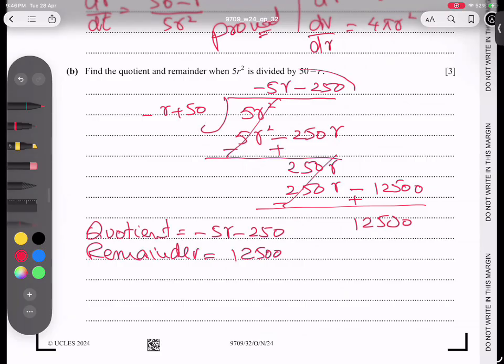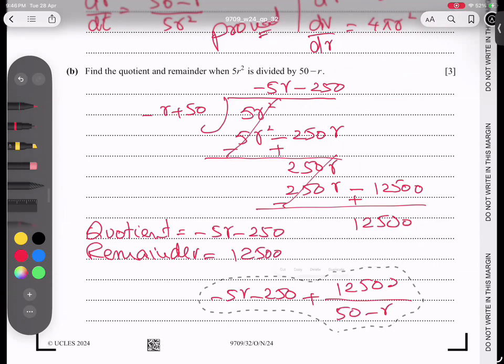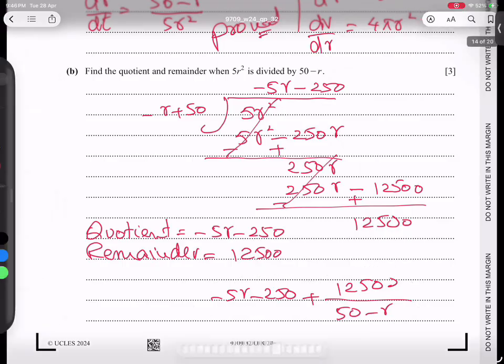And now I'm writing the top fraction, the quotient: negative 5R minus 250 plus, and this will go in the numerator, 12500, and this will come in the denominator, 50 minus R. And this we maybe need in the next part, so I just copy from here. Okay, now we'll go for the next part.